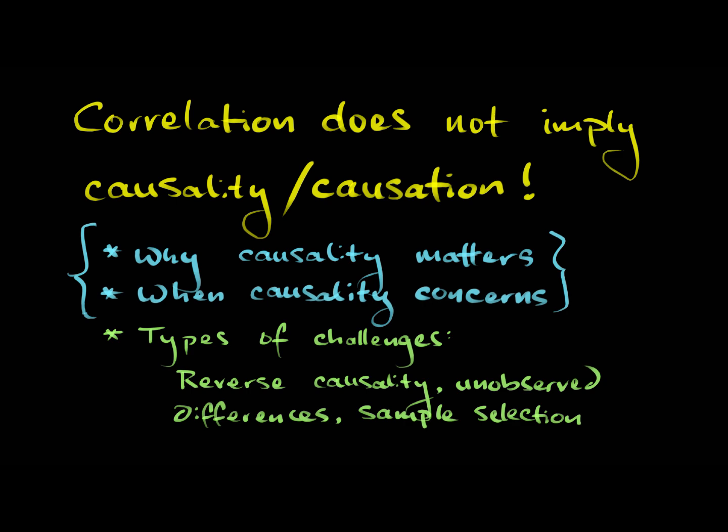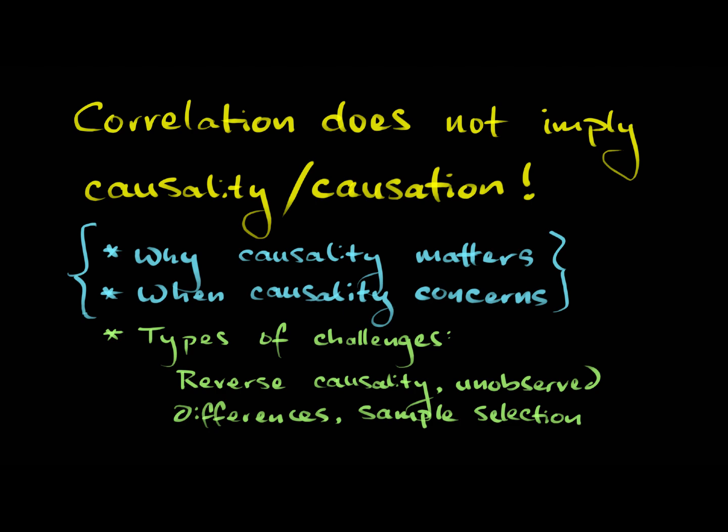The types of challenges, I'll give you names for the three things that can contribute to the observed correlation between two variables aside from the effect of X on Y. These are the types of challenges that we encounter when we're trying to interpret data.